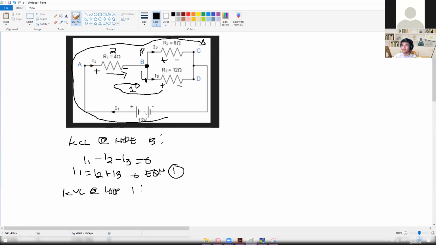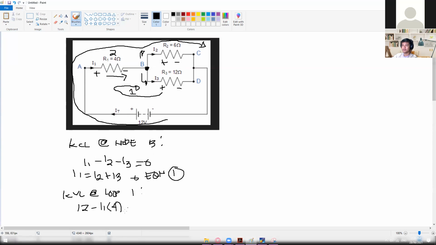So loop number 1, we have positive 12 volts going here. We have negative I1 times R1. R1 is 4, I'll put the value here already so that we can have a lesser equation.